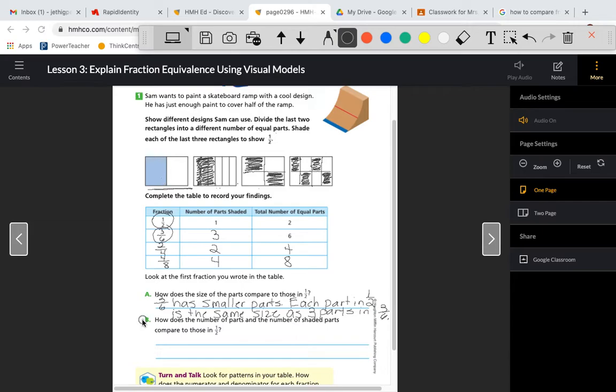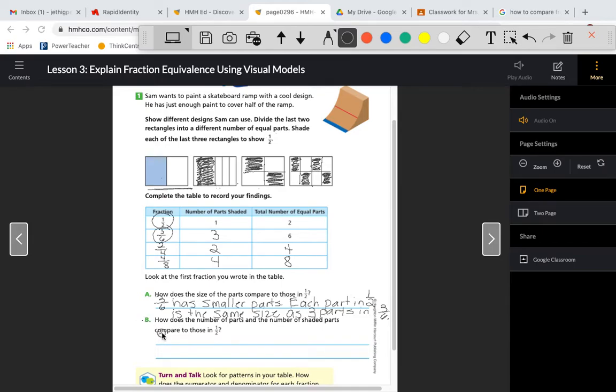Now let's look at B. How does the number of parts and the number of shaded parts compare to those in 1/2? So we're still looking at 3/6 here. So how does the number of parts and the number of shaded parts compare to those in 1/2?